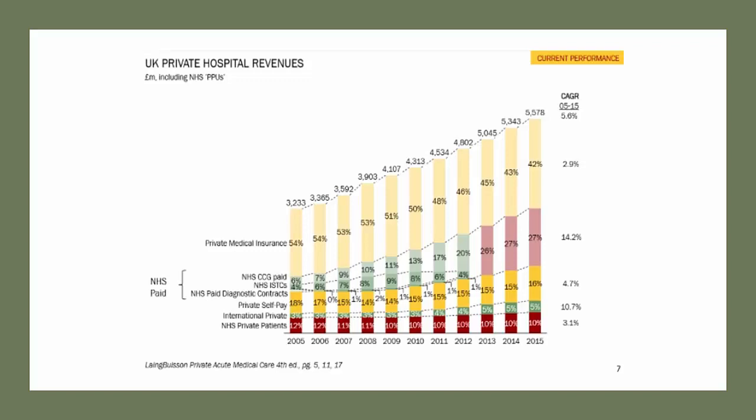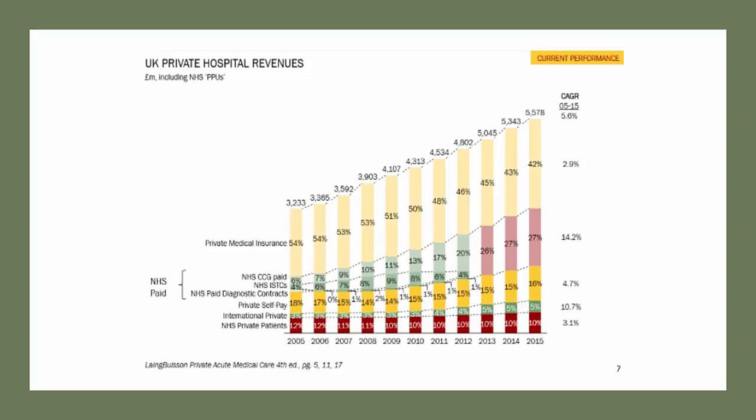So that is a really significant increase, and it does show that to a significant extent the revenues of the private sector are still dependent on the NHS and on public spending. So if there is any significant cut to spending in the public sector, in the NHS, that could have a detrimental impact on the private sector as well.